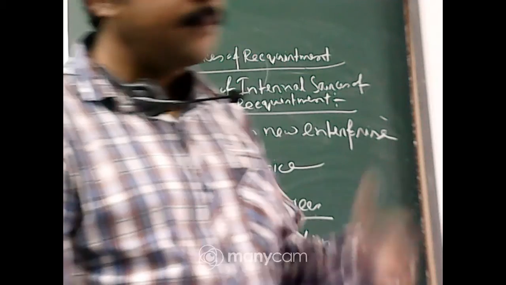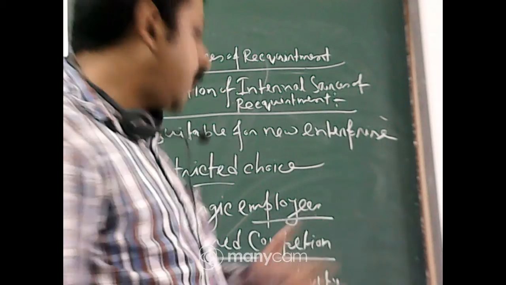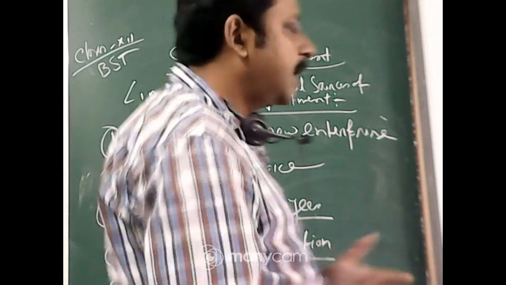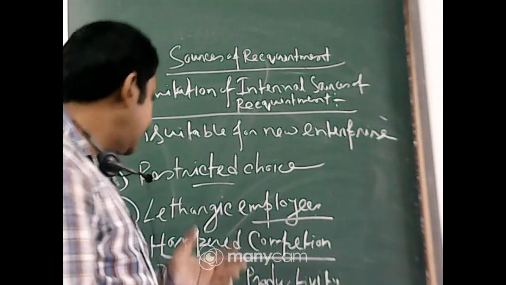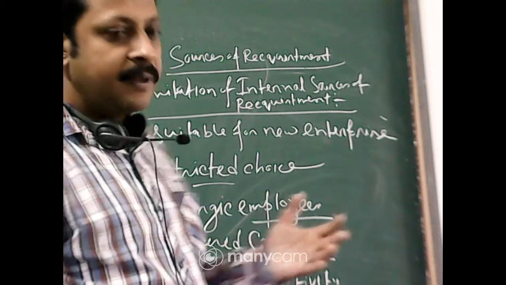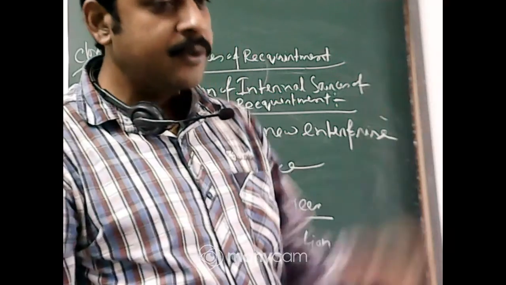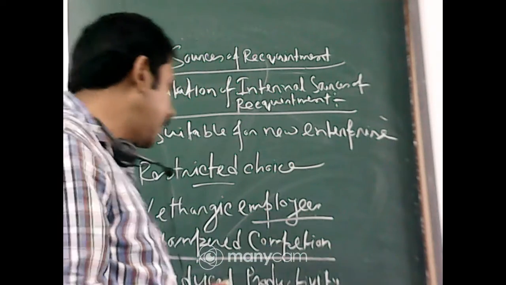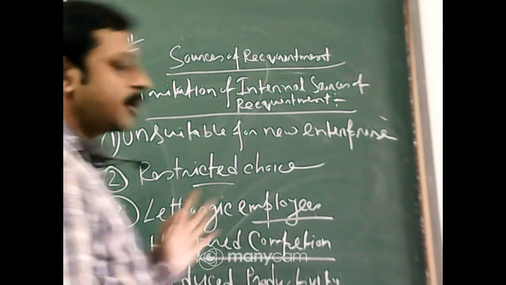When you transfer your employees frequently from one department to another, they are demotivated, and that hampers the productivity, efficiency, or effectiveness of their work, and reduces the productivity of the whole organization too. So these are the main limitations of internal sources of recruitment.